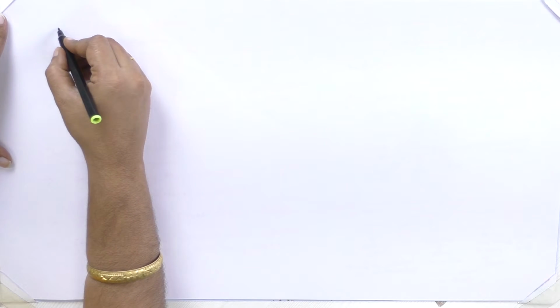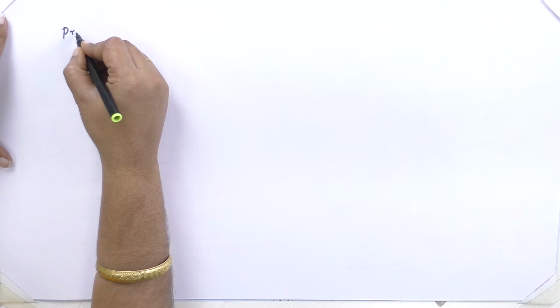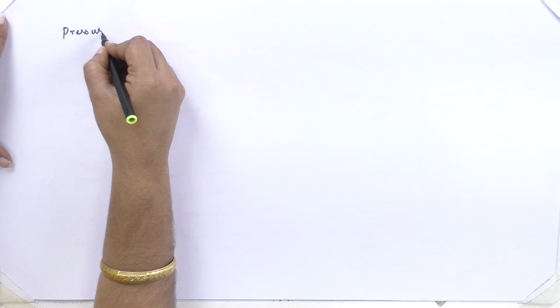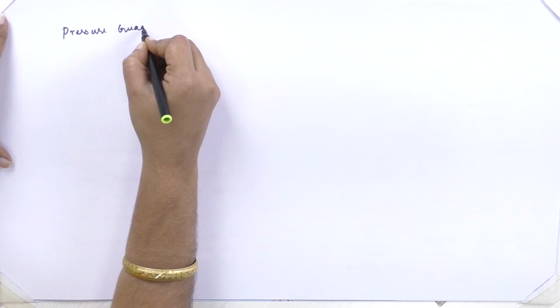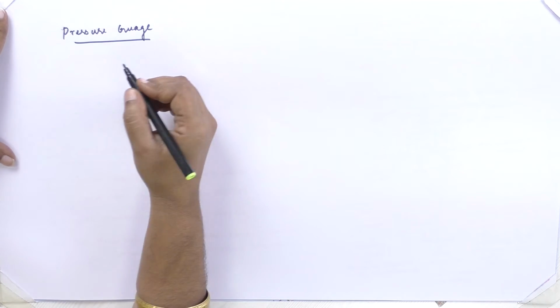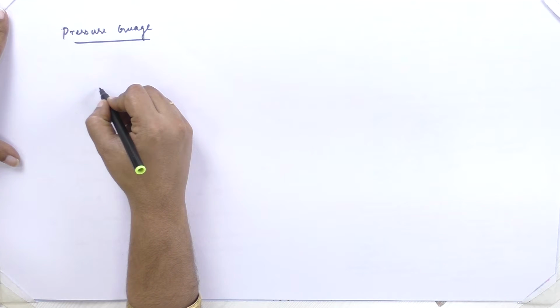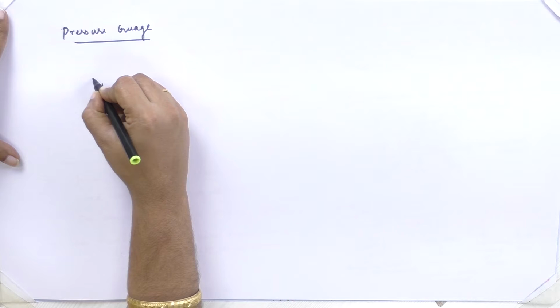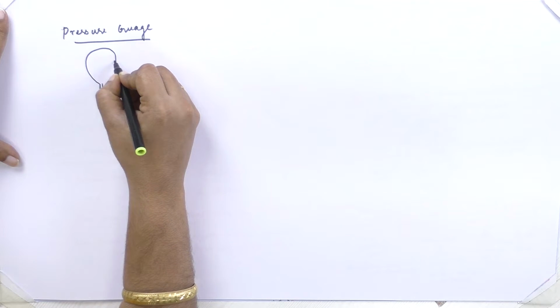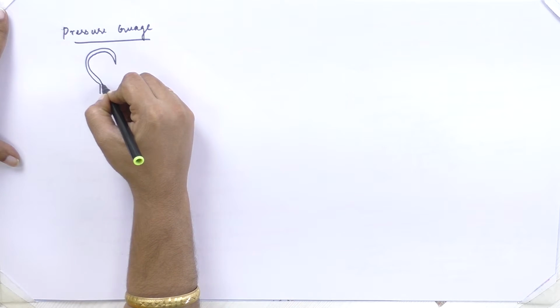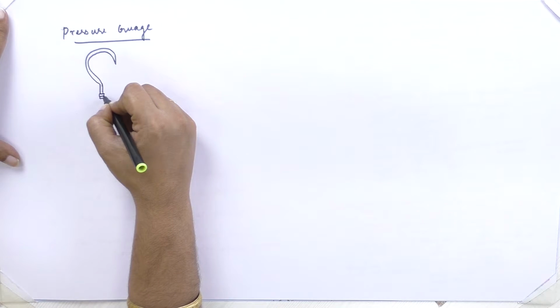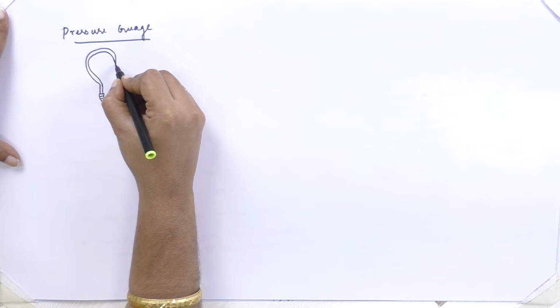Now, let us see another example of the functional elements of an instrument. I am going to take a pressure gauge. So, let us first discuss the working of a pressure gauge. The pressure gauge will have a Bourdon tube.